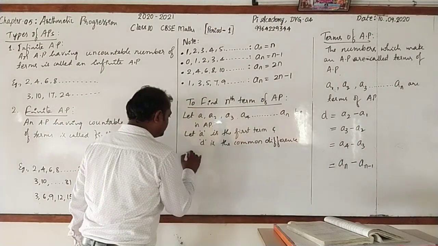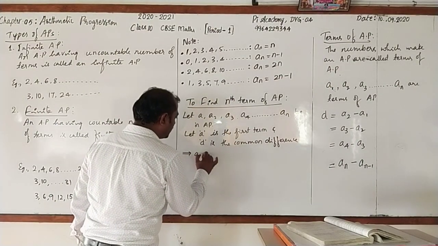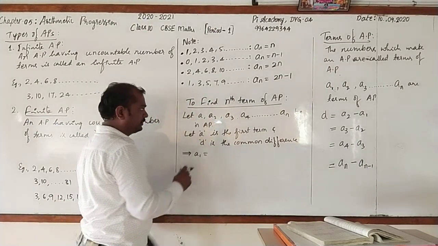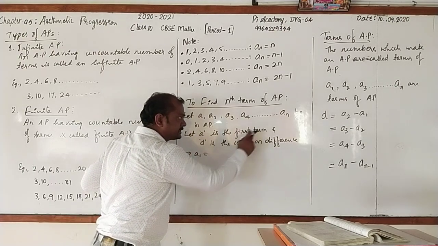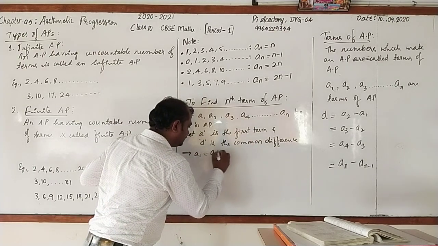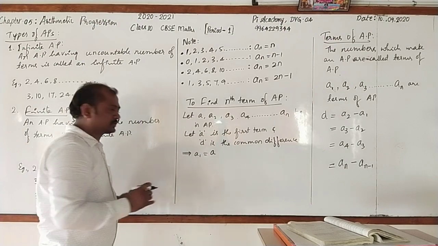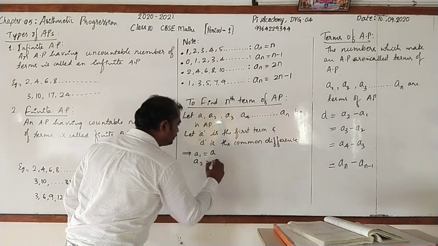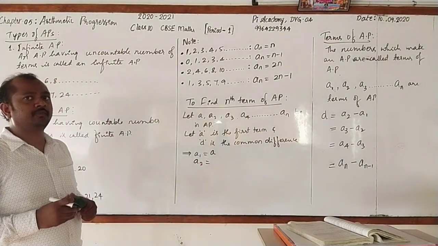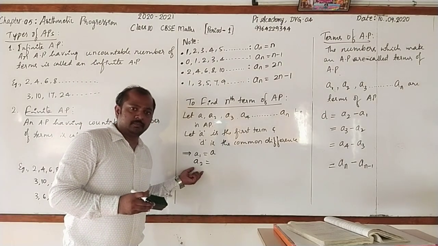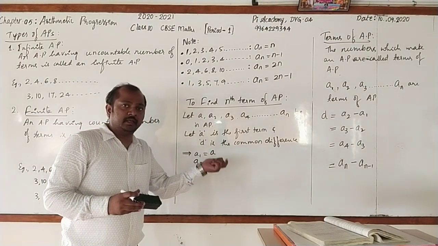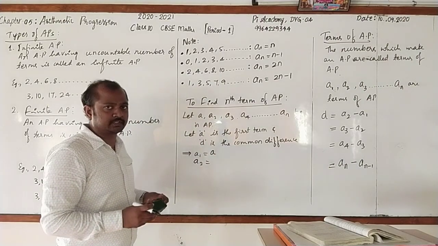Then dear students, if it is so, how do you write the first term a1? Here I have taken a as the first term. a1 is a. Hope that you have understood. Second term a2. According to the definition of AP, the second term is obtained by adding the common difference to the first term.